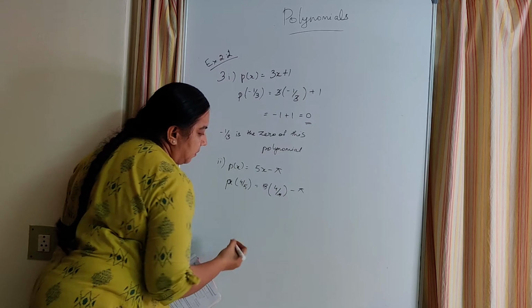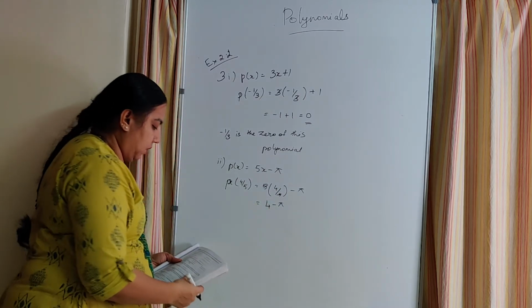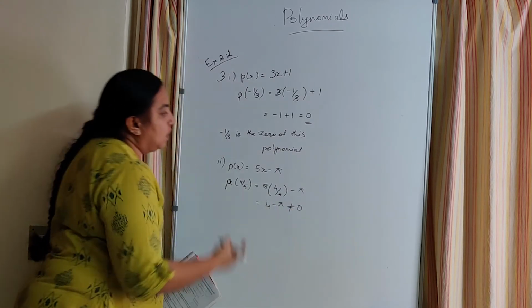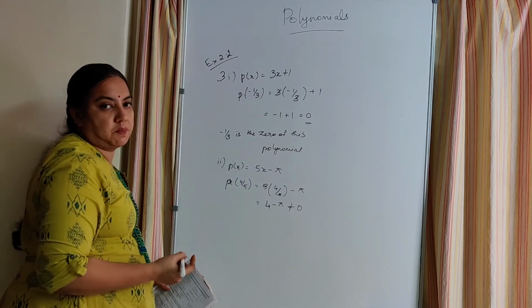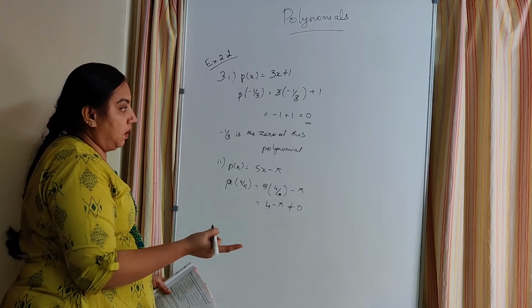I can cancel these both the numbers. I get 4 minus pi. Does it end with a 0? It is not equal to 0. So 4 by 5 is not a zero of this polynomial.